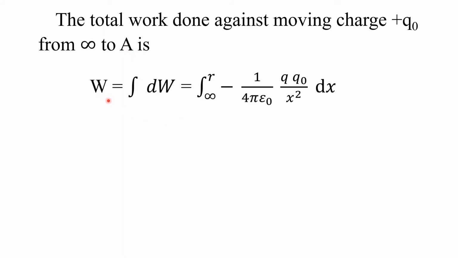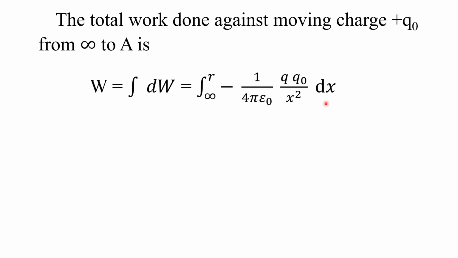Now after integration from infinity to r, where the distance of point M is r, W is equal to the integration of dW. The charge is placed at infinity, so the initial limit is infinity and the final limit is r, of minus 1 upon 4 pi epsilon 0 q0 Q upon x square into dx.